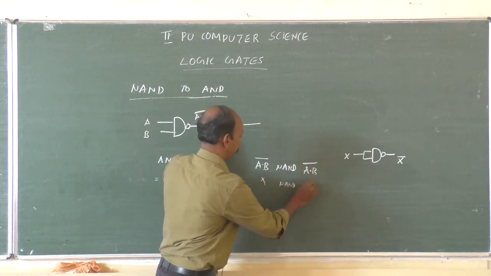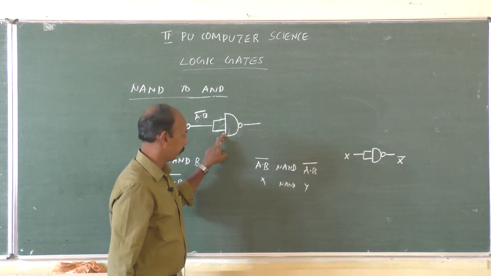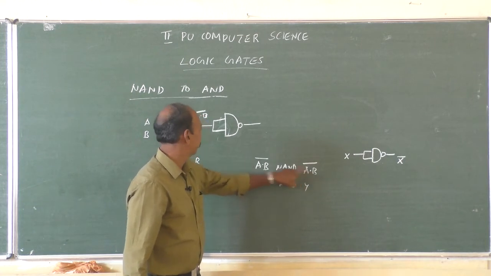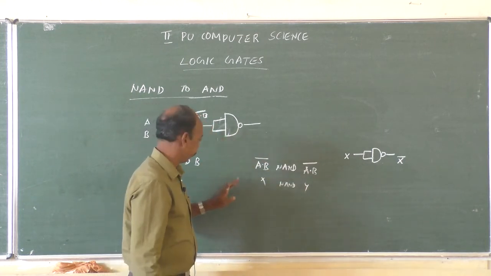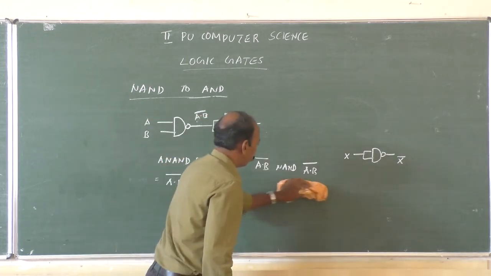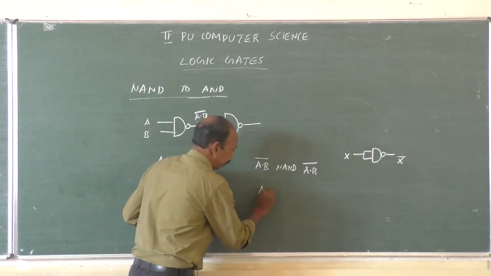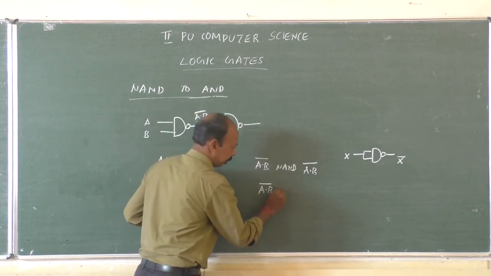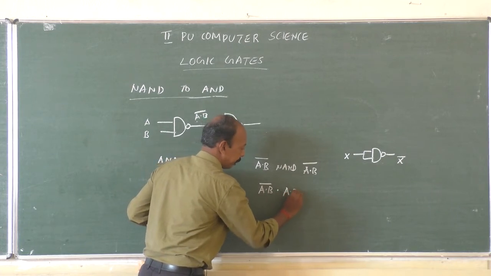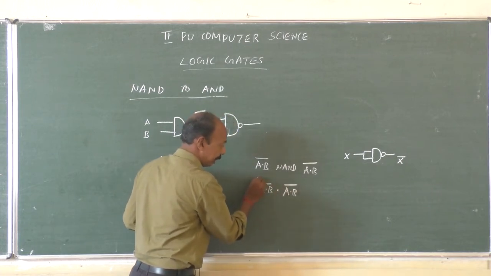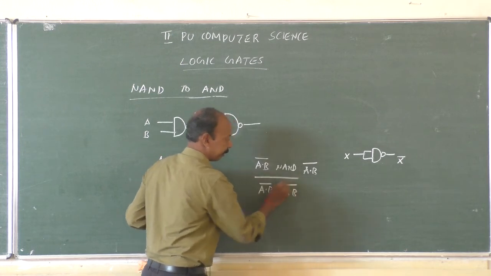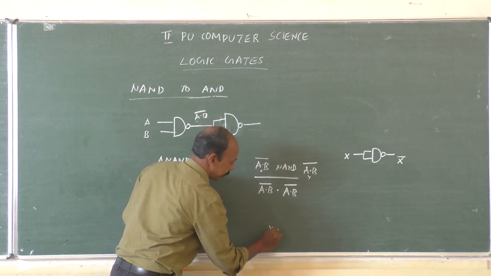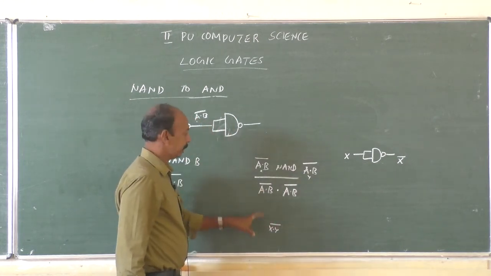One input you can take as x, the other input you can take as y, but both x and y will be the same because we are feeding the same value. How could it be written? A dot B whole bar dot A dot B whole bar, and since it is NAND, complement. If this is x and this is y, we will write it as x dot y whole bar, but x is A dot B whole bar.